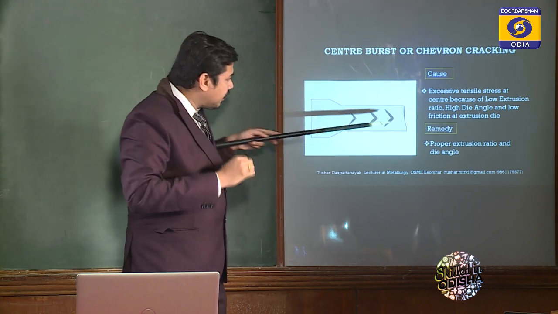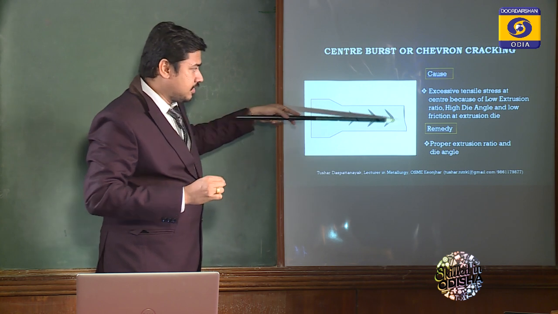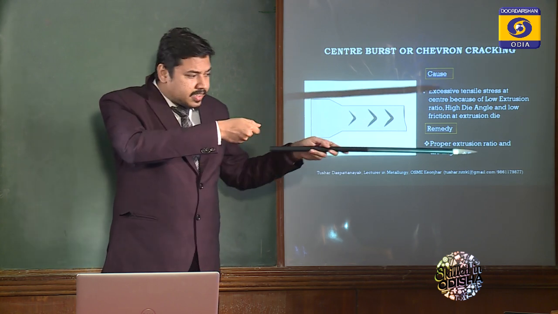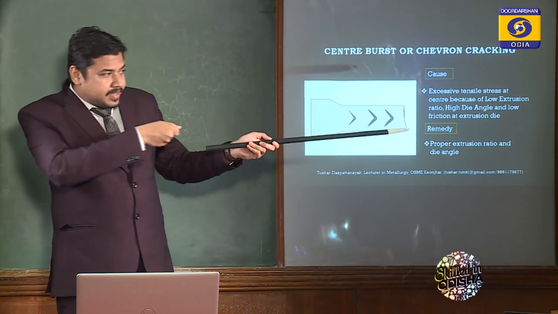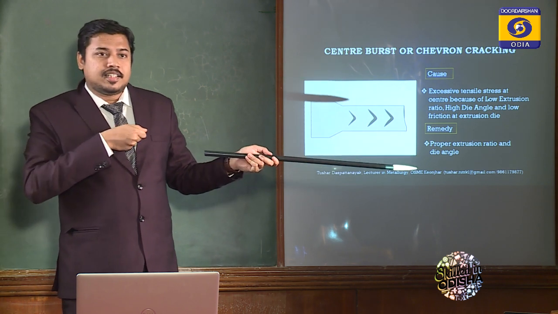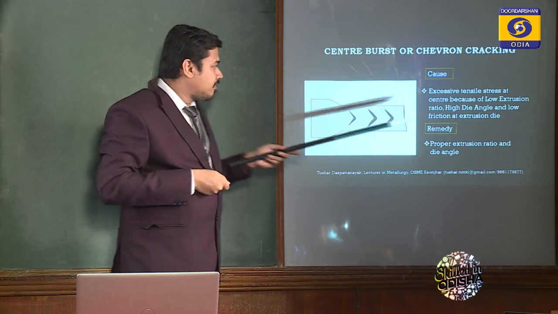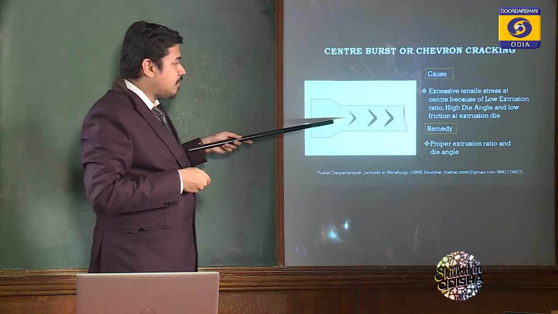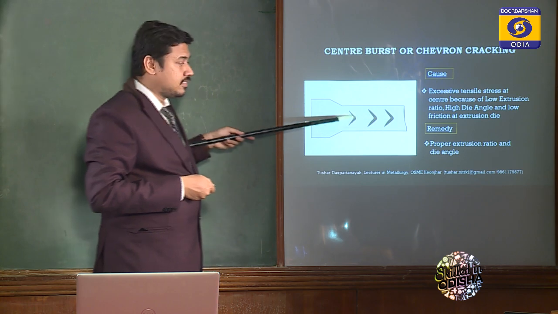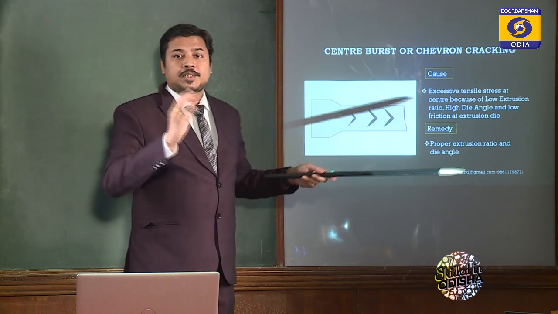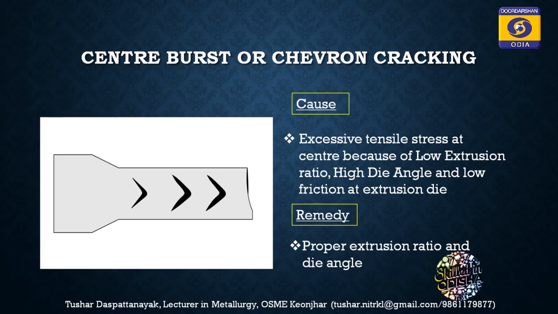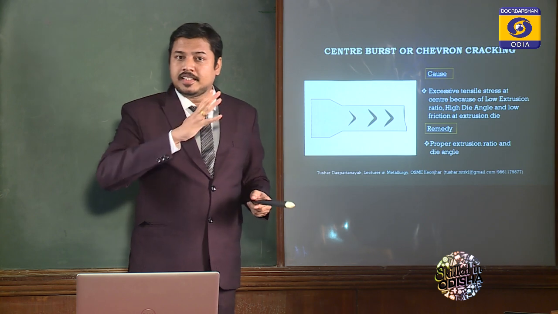The center develops tensile stress. There will be a stretching kind of effect generated at the center. Eventually it will form V-shaped cracks. What will be the remedy? The extrusion ratio should be proper, die angle should be proper. We understand? The 4 defects we have studied.